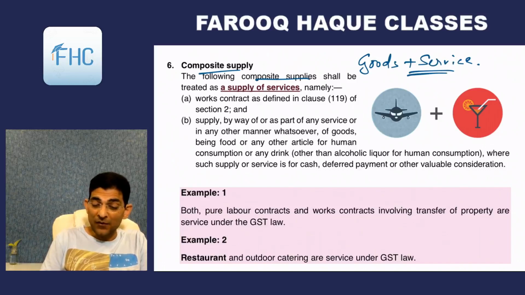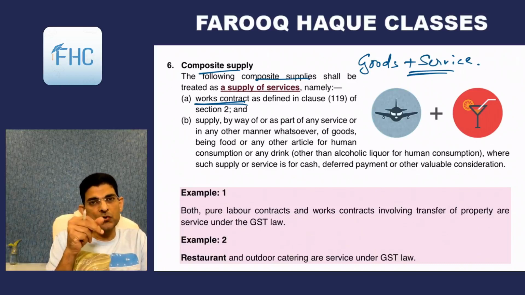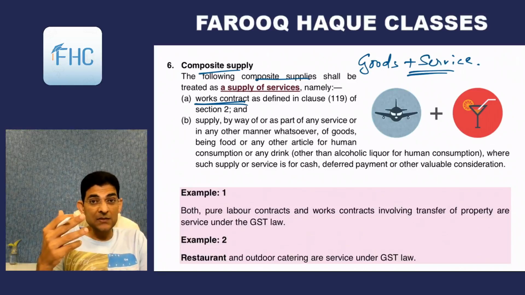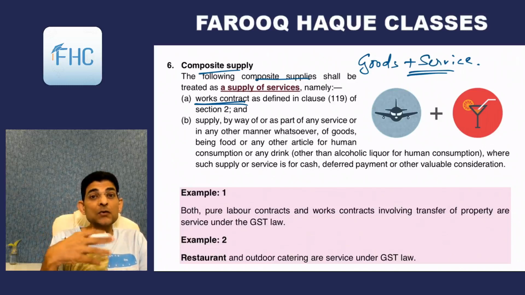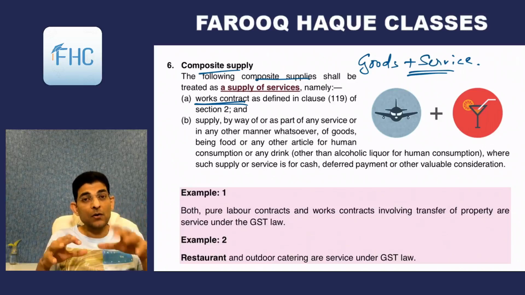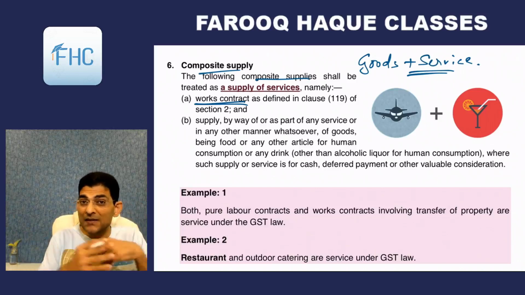In which cases? Number one, work contract. In a work contract I take some goods, means there is some material involved, I will mold that material into something else and give it to you. For example, I bring wood and upholstery and make a sofa set for you. So I am a carpenter. While making a sofa set, it will also involve the use of materials.